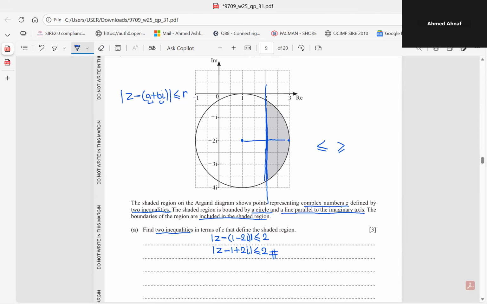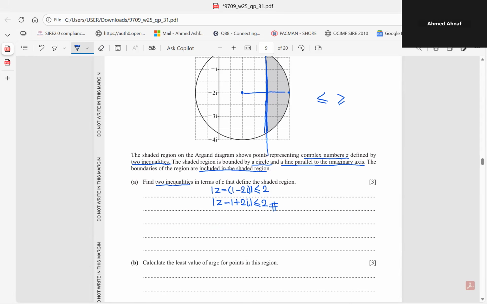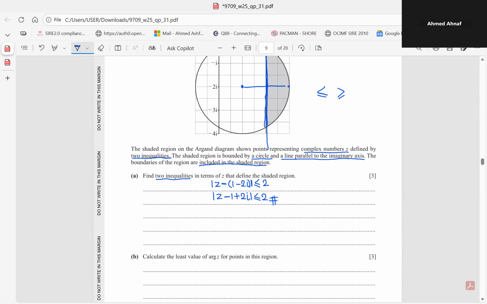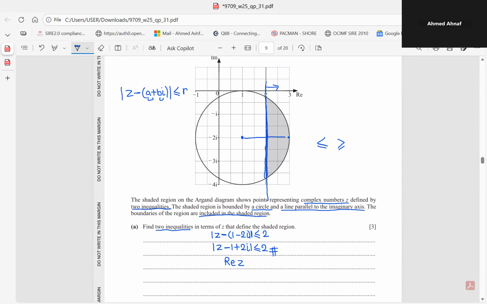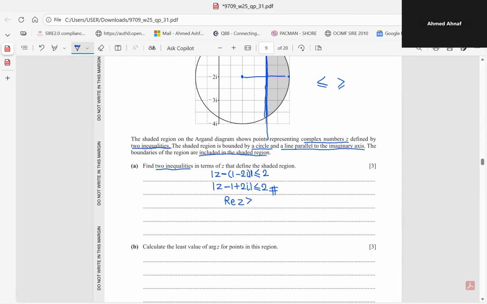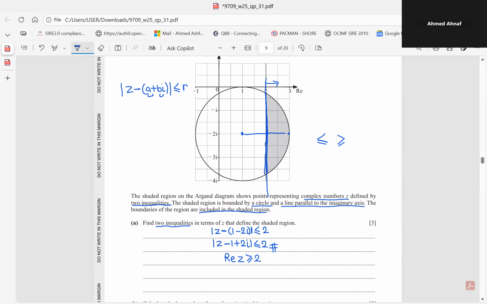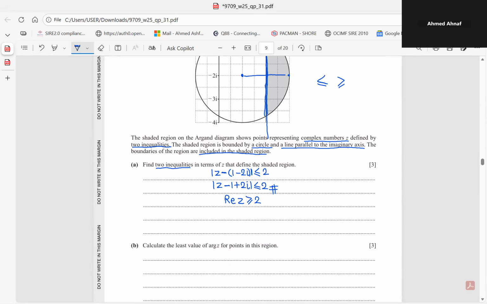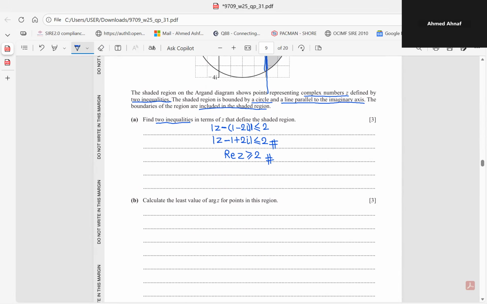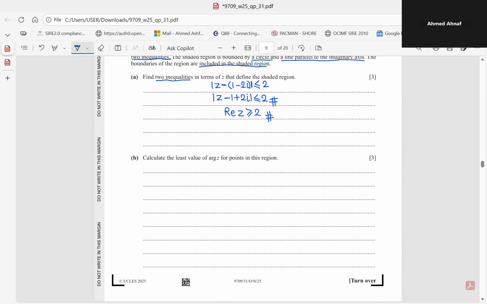You can see that everything to the right of 2 is included. Hence the other inequality would be that the real part of z is more than or equal to 2. That would be our second inequality, and these two are our final answers for the first part. Let's head on to the second part.